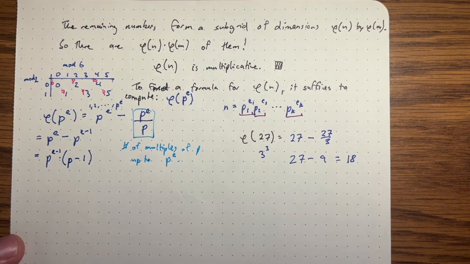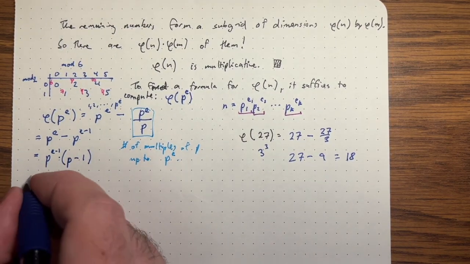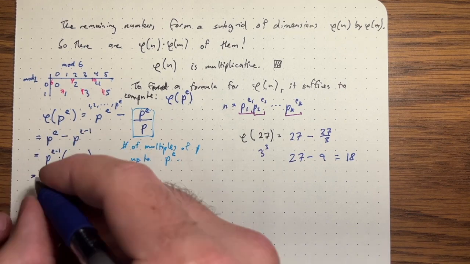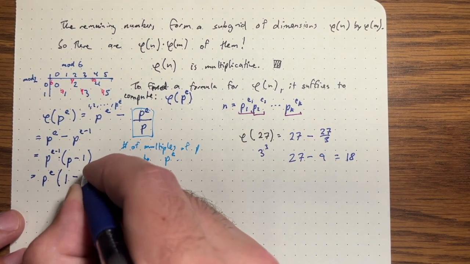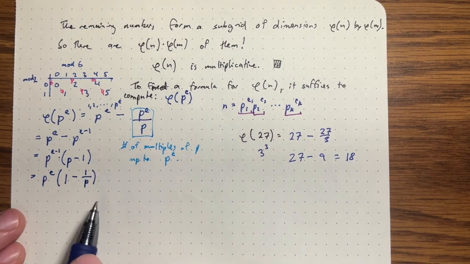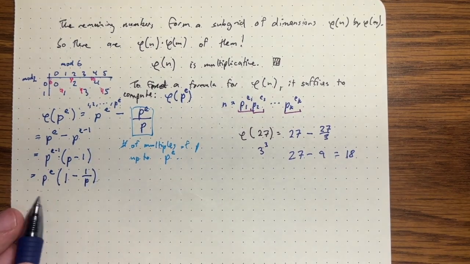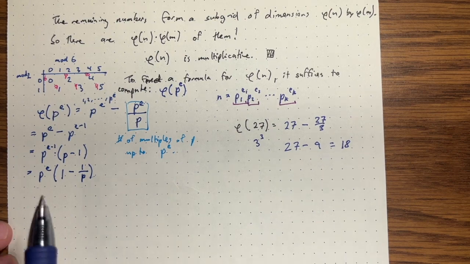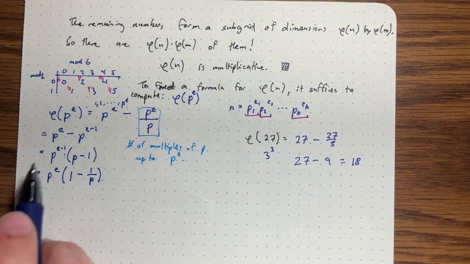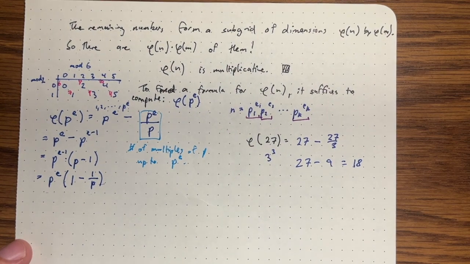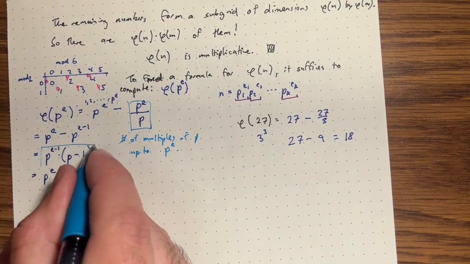That's one way to write it. You can also factor out the whole factor of p to the e, and you get this, which looks a little strange. This is supposed to be an integer after all, so it looks like it could potentially be a fraction, but it's not. But yeah, these are all formulas. Usually I like this one the best.